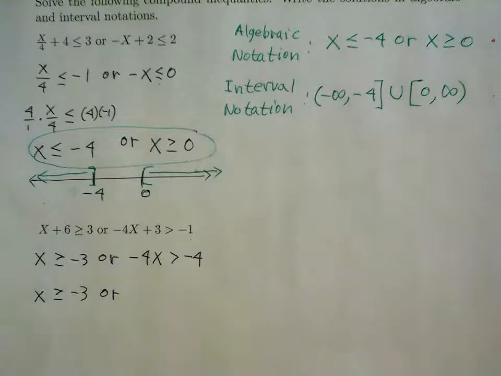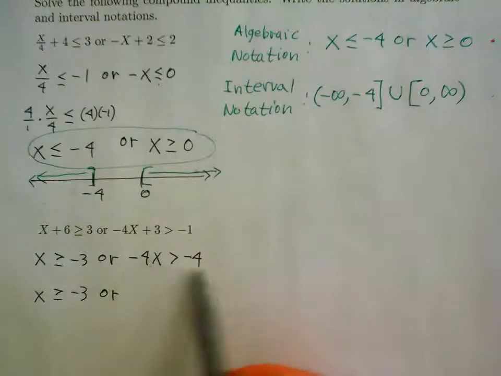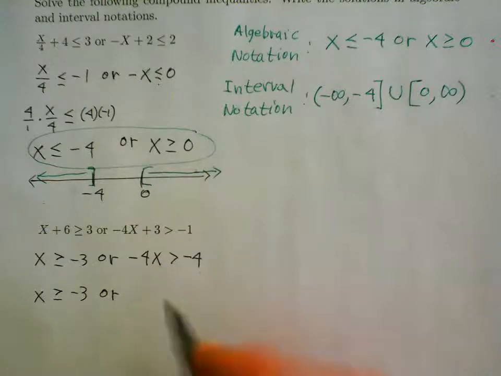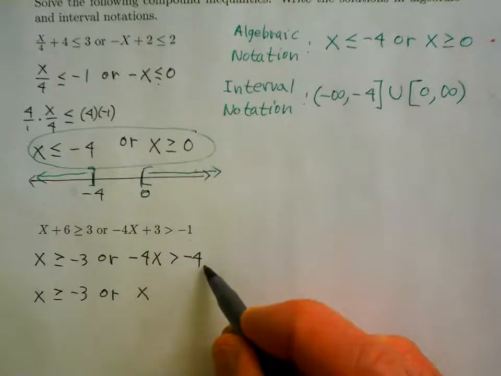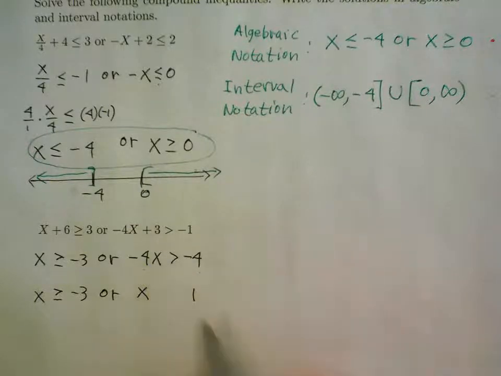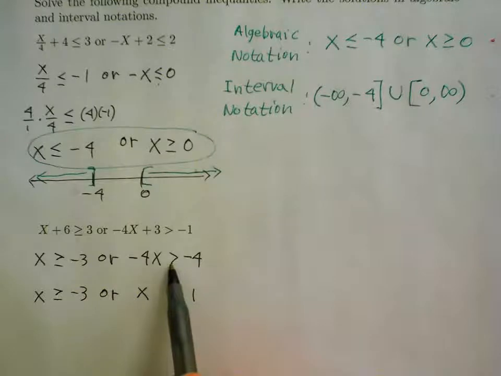Yes, it's going to be x is less than 1. We divide both sides by negative 4. So negative 4x divided by negative 4 is x, or 1x. Negative 4 divided by negative 4 is positive 1, but since we're dividing by a negative, we have to change the inequality from greater than to less than.